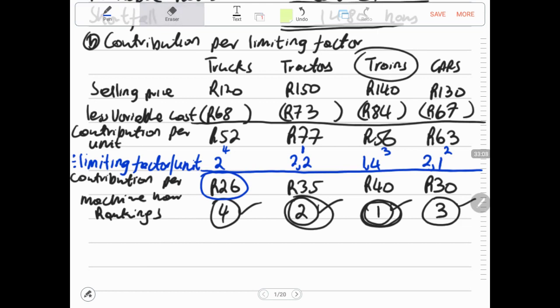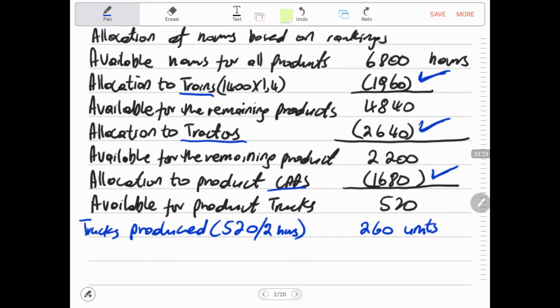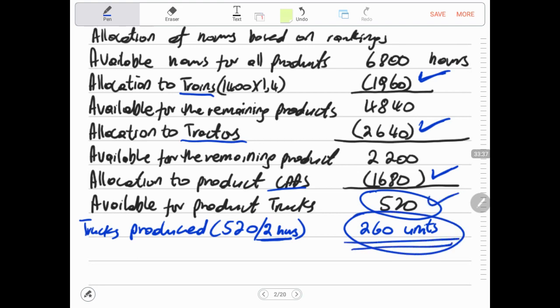So now other products that are making more money, we need to manufacture all of them, but manufacture less of the product that is not making too much profit per our limiting factor. So now, meaning we will only manufacture according to the limited resources. Make sure that at the end, when you get to this number of hours, you divide this by the required hours in order for us to know how many units need to be manufactured out of the available remaining 520 hours to manufacture trucks.